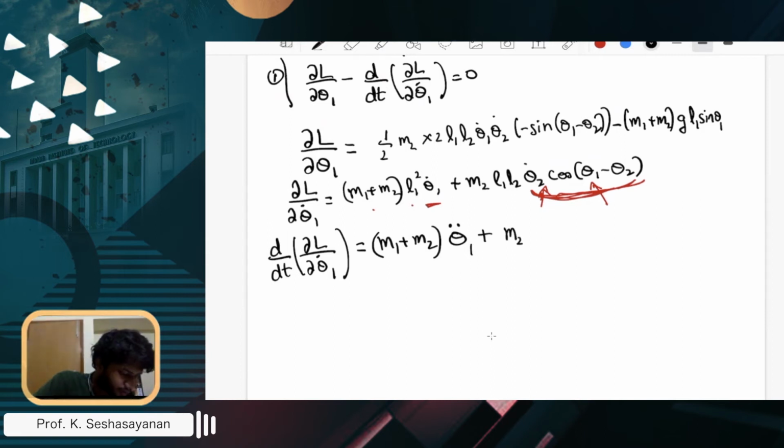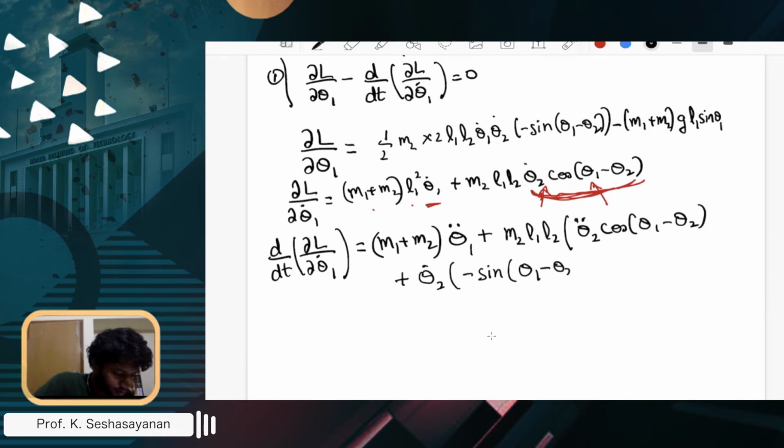So that gives you m2 L1 L2. First we get theta 2 double dot cos of theta 1 minus theta 2, and the other term which one gets is theta 2 dot times minus sine of theta 1 minus theta 2 times theta 1 dot minus theta 2 dot.